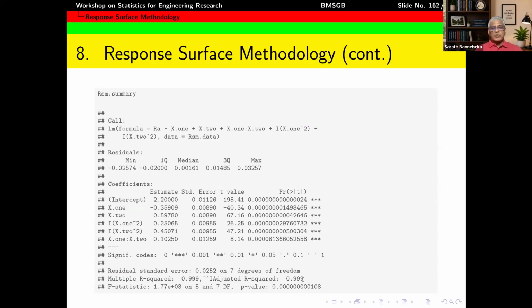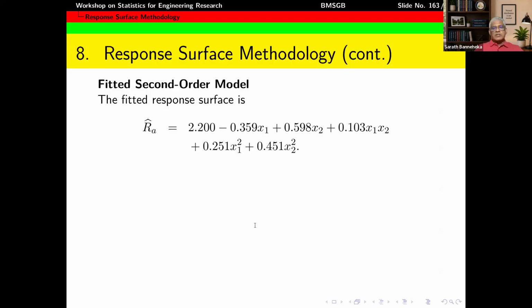And the R square value is very, very high. Okay. So therefore, we will consider this model, right? Because X square terms are significant. Because we are keeping the hierarchy, other terms have to be kept also, right? So therefore, we are not going to check whether we can drop, for example, the first order terms.